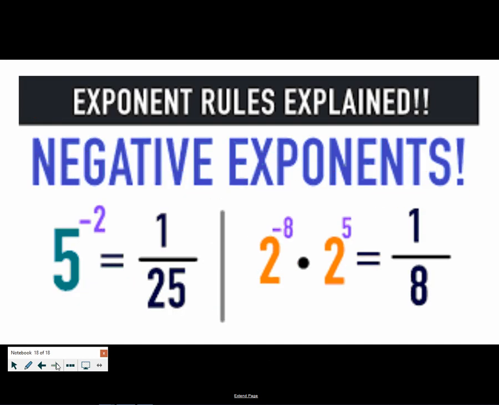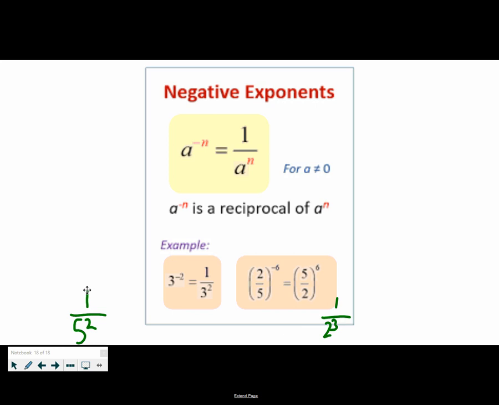So, the negative exponent rule: 5 to the negative second is 1 over 5 to the second, which is 1 over 25. 2 to the negative third is 1 over 2 to the third, which is 1 over 8.